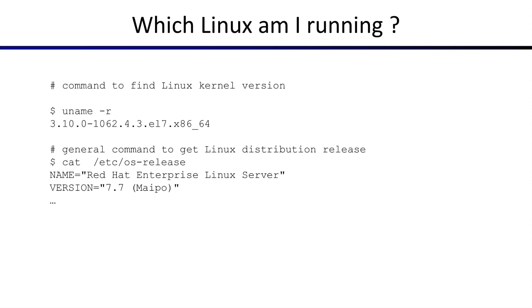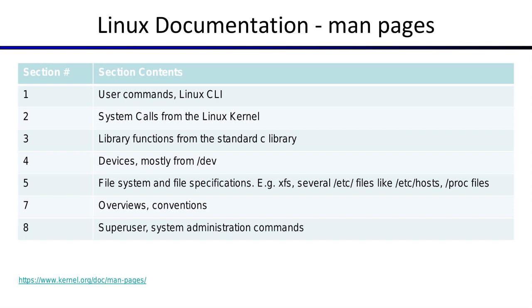Linux is so vast, but Linux is also open source. How do you learn Linux? And the way I learned Linux a lot, and whenever I need to understand a few things, is just go to the man pages. These are Linux manual pages. Now the man pages would be good to understand from a top level structure on how they are divided.